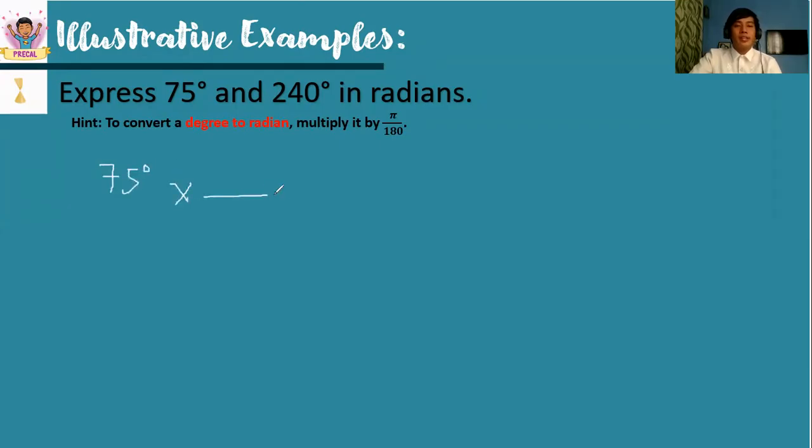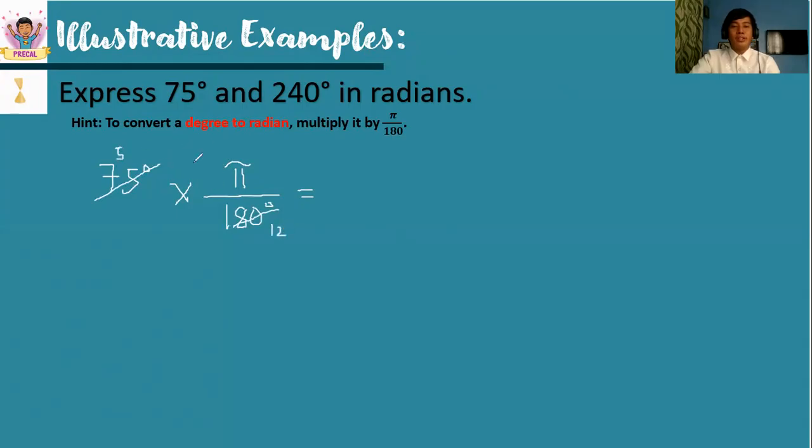We have 75 degrees, multiply it by pi over 180 degrees. You can simplify it by dividing by the greatest common factor of 75 and 180. The greatest common factor is 15. So we have 75 divided by 15, that is 5, and 180 divided by 15 is 12.